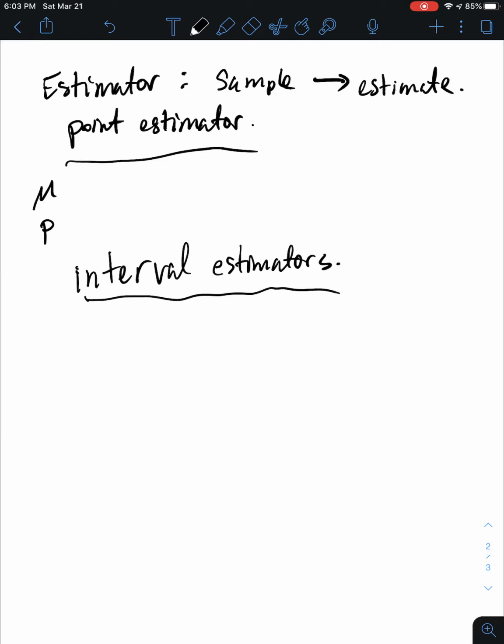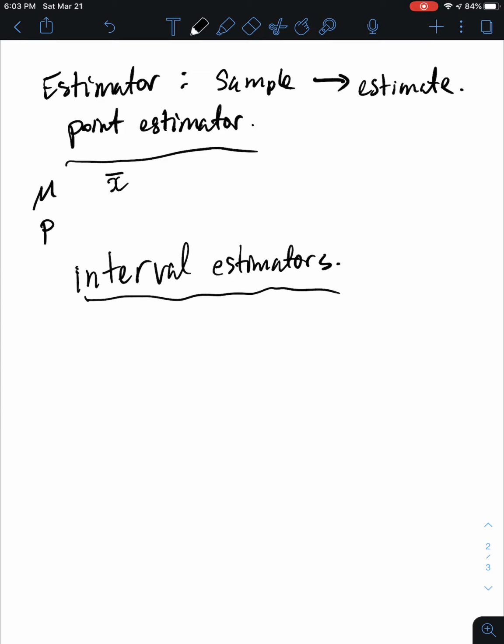So a point estimator is my best estimate of what the mu might be. And here's an example of a point estimator. A point estimator for mu is x bar.